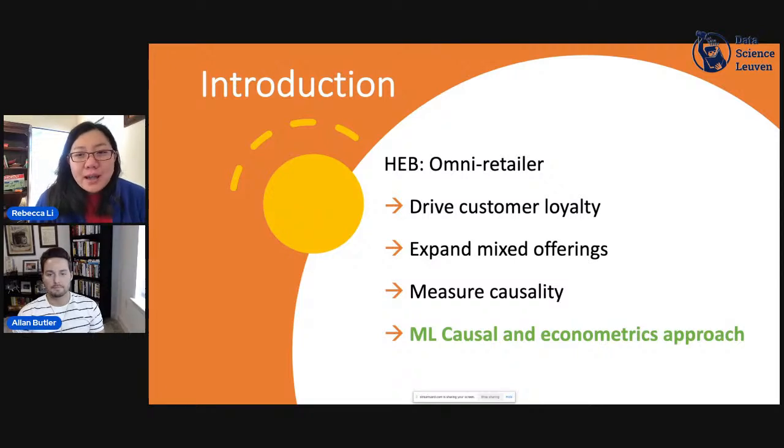Currently, HEB provides a bunch of offerings in the assortment covering national brands, private labels, food as wellness, etc. With the expansion of the mixed offerings, it is very important for us to identify the incremental effect of each offer so that we can provide insights to optimize future best offers. So in this meetup, we will focus on an application of a machine learning causal method and its comparison to an econometrics approach.